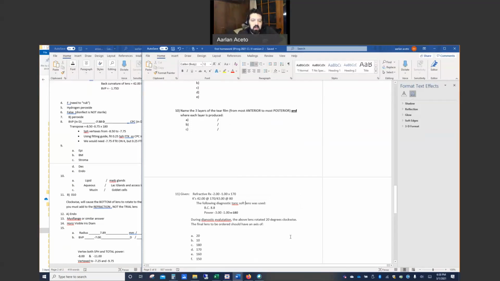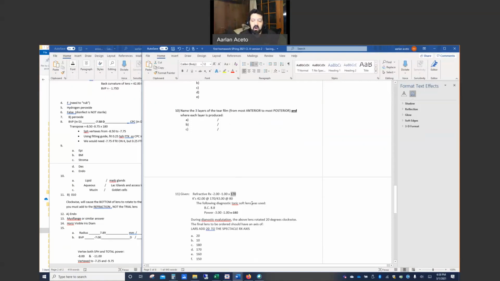We're going to use our LARS. LARS: Left add, right subtract. We went left by 20. So we're going to add 20 to the spectacle Rx axis. So what is the axis for 170? If we added 20, 170, and adding 10 is 180.